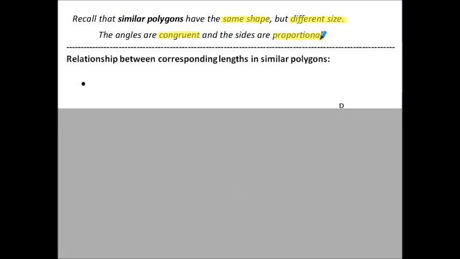That means that there is some type of relationship between corresponding sides of those objects. They can't just be randomly different. So the relationship between corresponding lengths in similar polygons is that the ratio of any 2 corresponding lengths is equal to the scale factor.